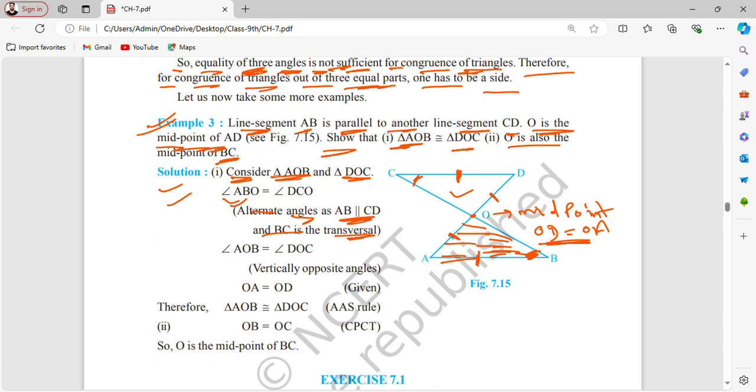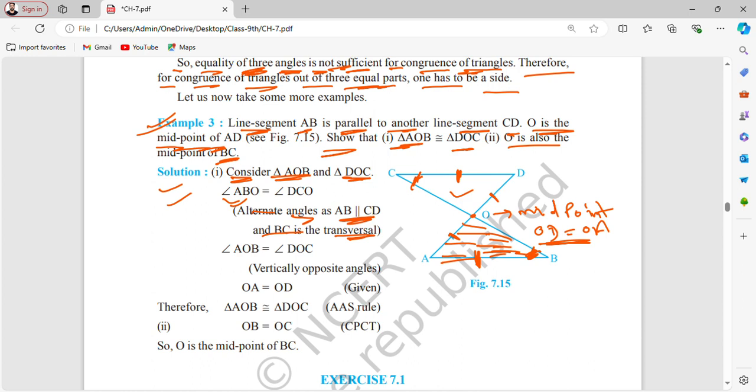This line and this line are both parallel and make a Z. So this angle and this angle will be equal, because these two angles are alternate interior angles.